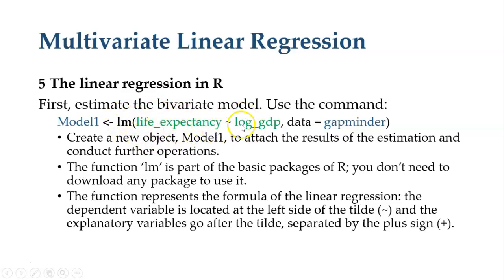And on the right side of the tilde, you have all the explanatory variables. Those explanatory variables are separated by the plus sign, as if you are saying you're going to add all those individual effects, okay? And the other thing is that you need to tell R what data you're using. Simple like that.